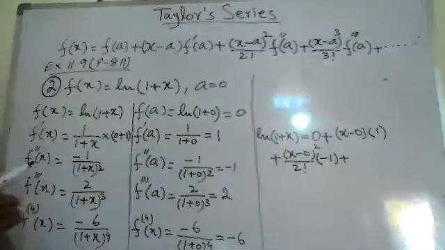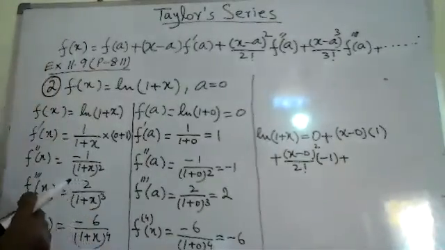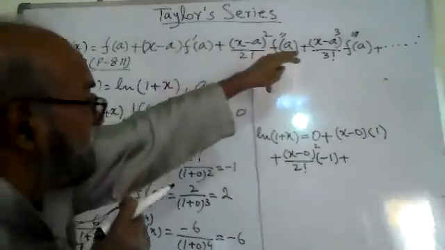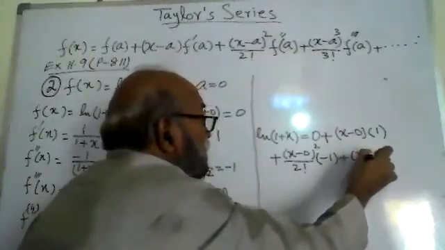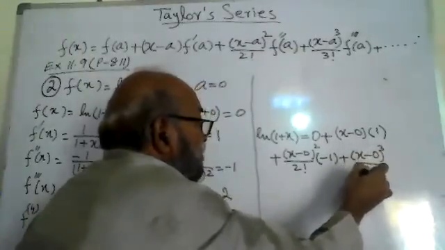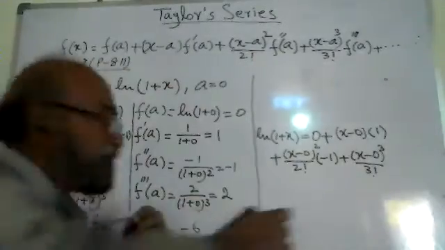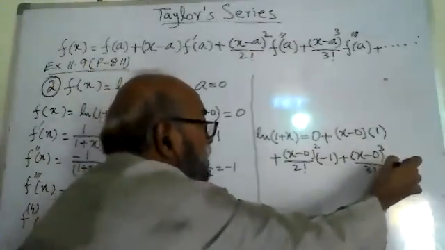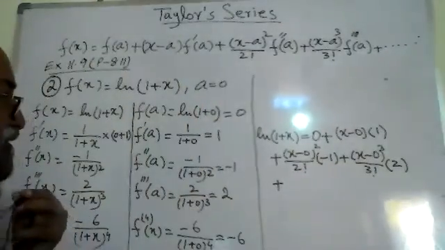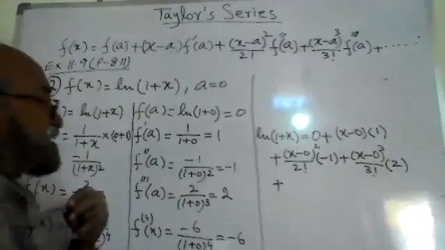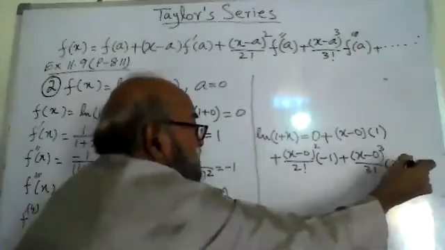Plus x minus a whole cube, x minus 0 whole cube, upon 3 factorial into f triple dash a is 2. Plus x minus a whole raised to power 4, and so on.